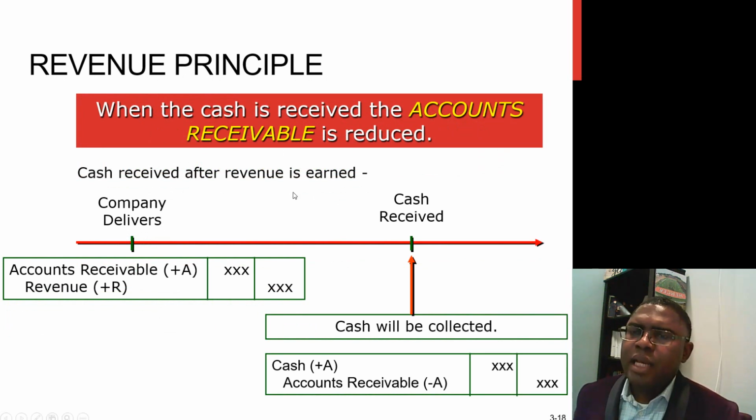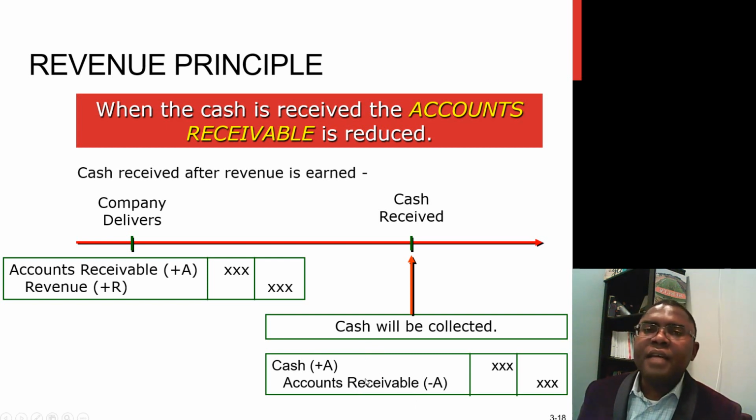All right, this is another example when cash is received. So if there was a transaction for which we have an accounts receivable, so we are expecting cash in the future. Now, the future comes and we receive cash. So how do we journalize that transaction?